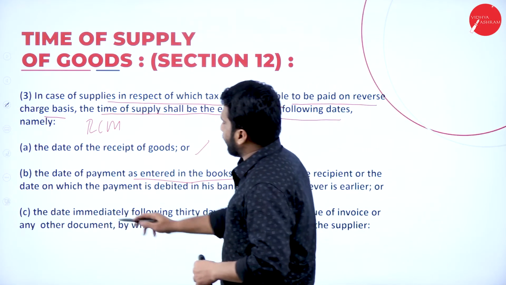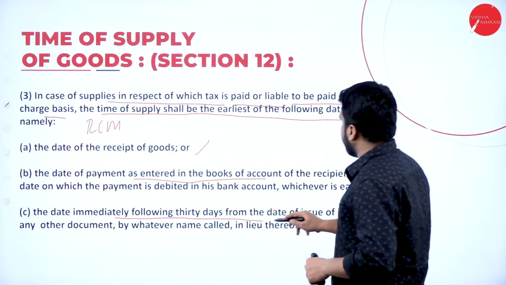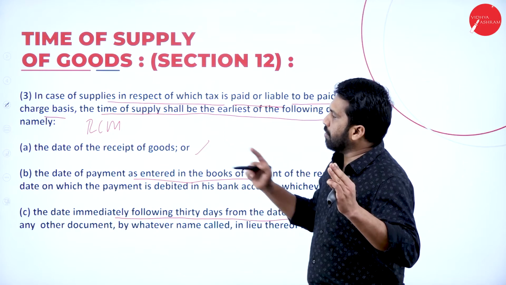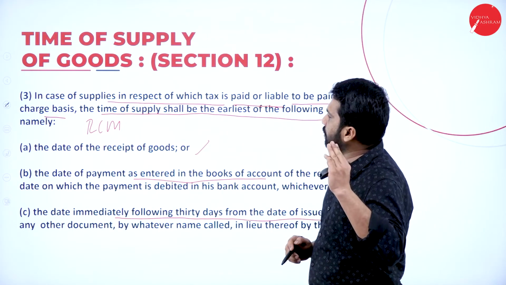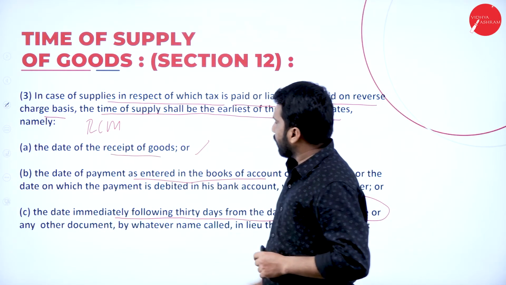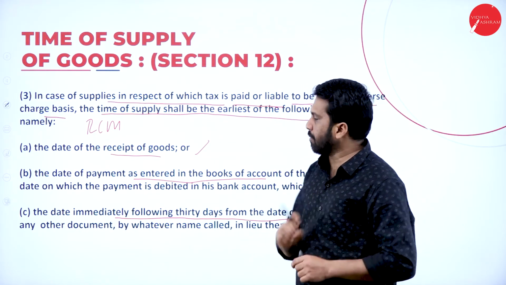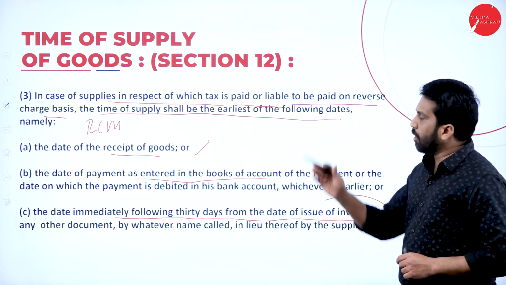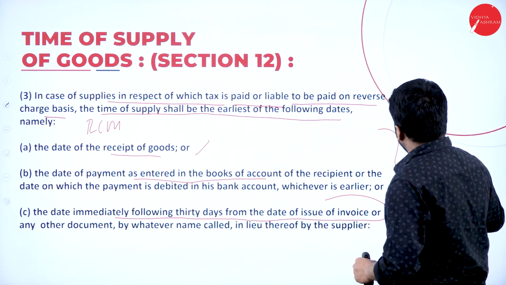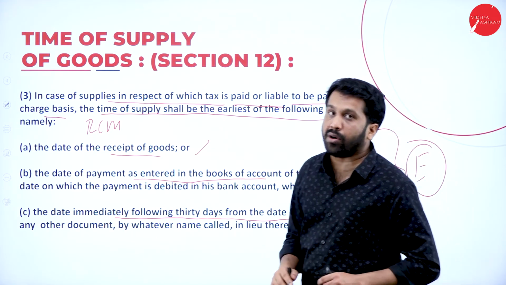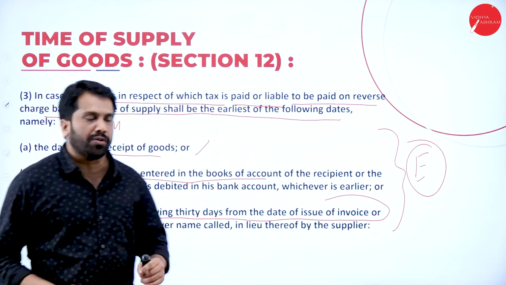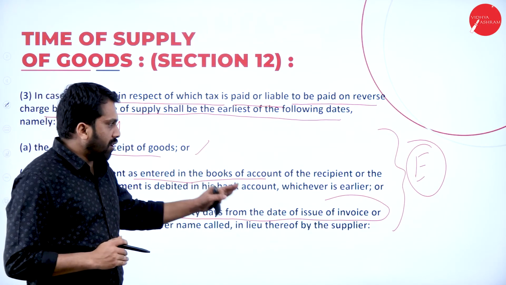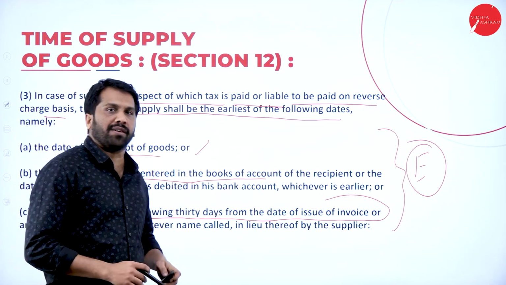The date immediately following 30 days from the date of issue of invoice. So, in case of reverse charge method, the time of supply will be the receipt of goods, or the payment entered in the books, or exactly 30 days from the date of invoice, whichever is earlier. Next session we'll do problems on forward charge and reverse charge method. You will understand better.